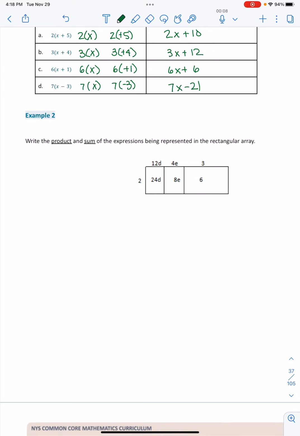So for example 2, if I'm looking at our rectangular array, it says write the product and the sum of the expressions being represented in this rectangular array. The product is 2, and then in parentheses, 12d plus 4e plus 3.